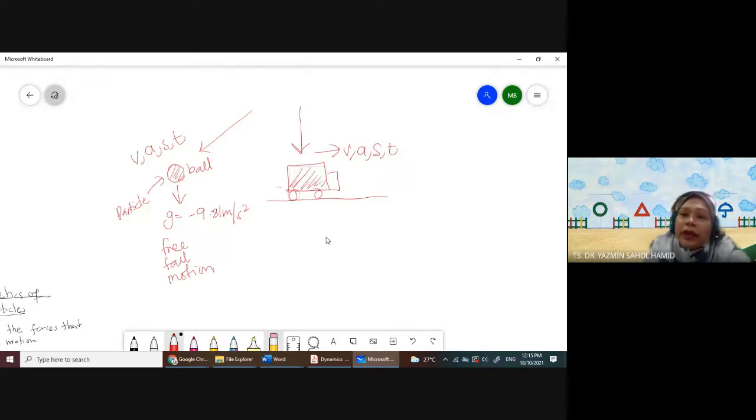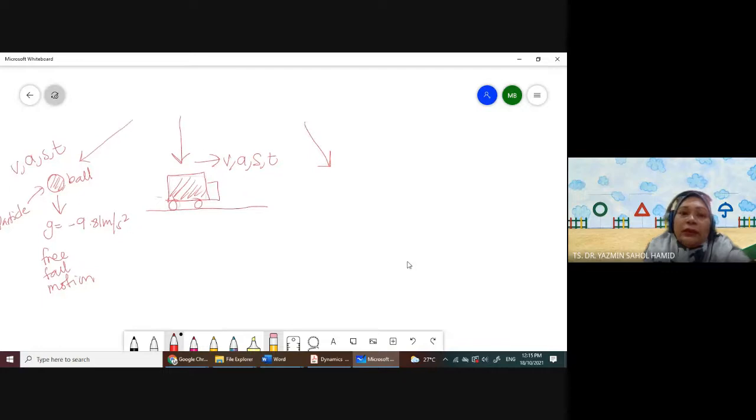Then you have another type of question that can appear in the topic dynamics. For example, you have a box being pulled by a pulley. This is a pulley, and then you have another box here. If box A is going downwards, box B is going to go upwards because the length is constant.